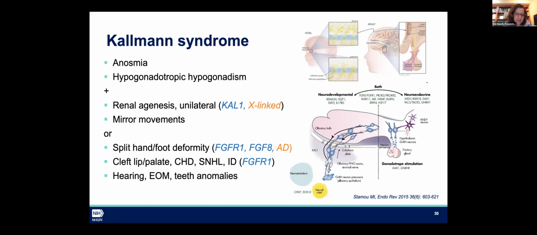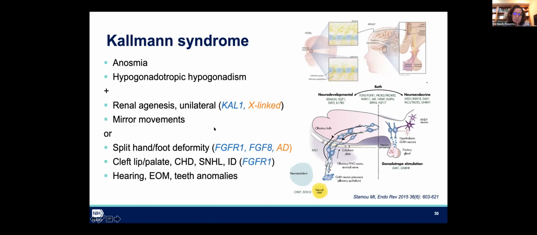It's X-linked, and it can be associated with renal agenesis and can cause mirror movements. Mirror movements is when the right hand and the left hand move together, so trying to move the right arm causes a similar movement on the contralateral side.